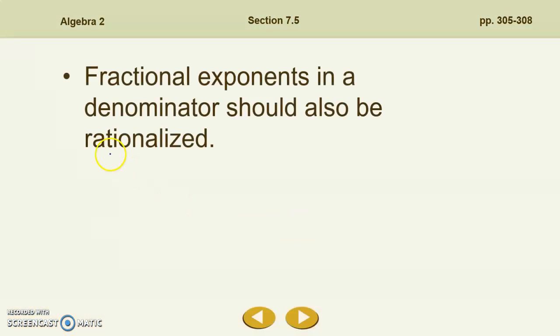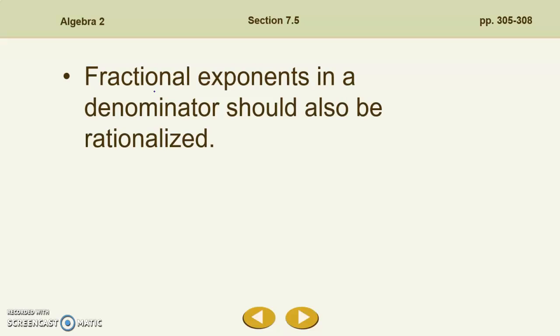All right, fractional exponents in a denominator should also be rationalized, even though that wasn't one of our rules of simplification. And we don't want to have an answer with fractional exponents there if we can rationalize those. If you remember, we talked about we don't want to have any fractions in the radicand. We don't want to have any perfect roots as part of our radical.